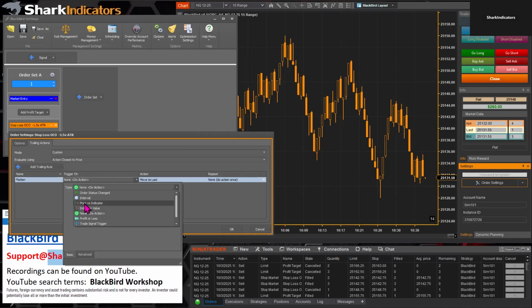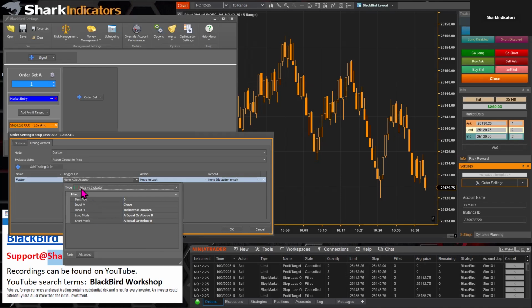Now, this is universal, so it can be price versus price, or it can be indicator versus indicator. Depending on how new you are to Shark Indicator tools, we always build our tools as flexible as possible.